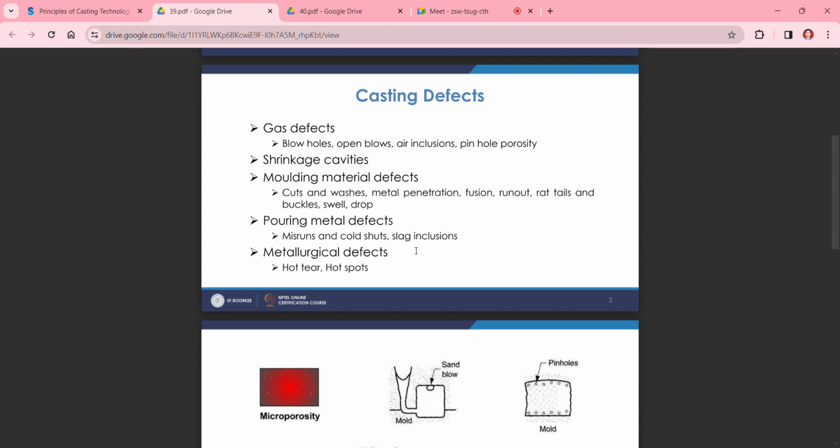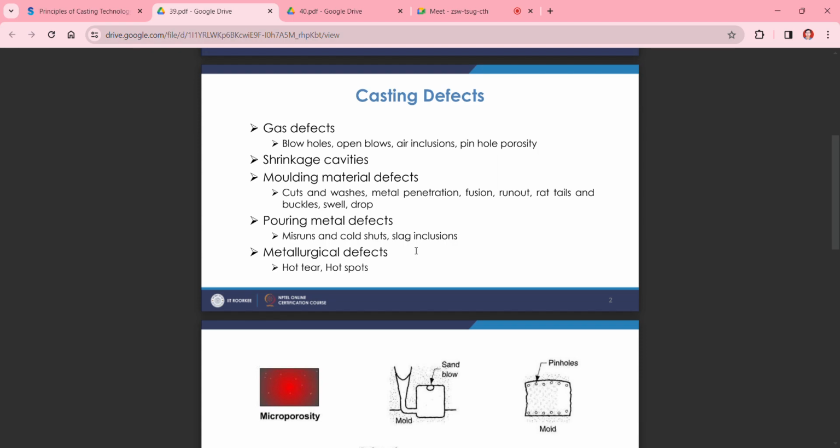Then coming to the other defects, pouring metal defects. Pouring metal defects are created during the pouring of your molten metal into the mold. The first defect is misruns. A misrun is basically a defect created above the casting, wherever you have provided the gating system or pouring system.